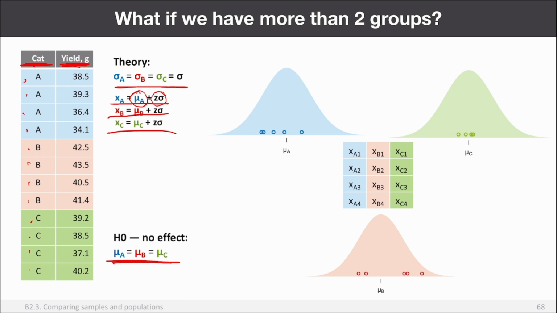You can see that I have approximately 39 grams, a little bit less, a little bit more in the case of catalyst A, a bit over 40 when I use catalyst B, and again around 39 when I use catalyst C. My goal is to find out which catalyst is best, or actually if the catalyst has any effect on the yield. So maybe all these catalysts are the same.